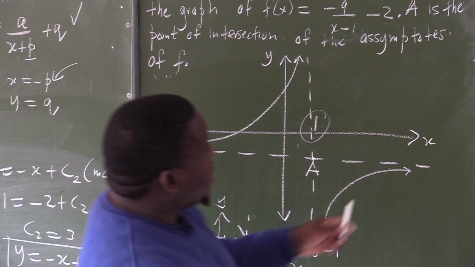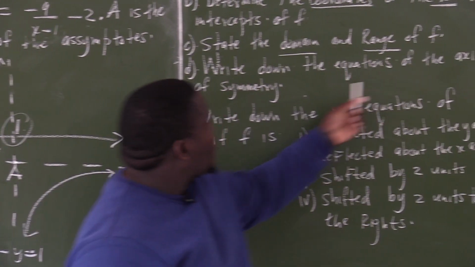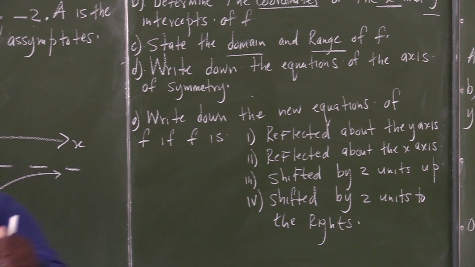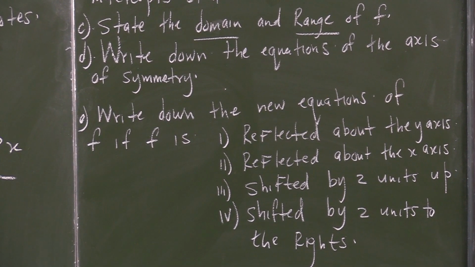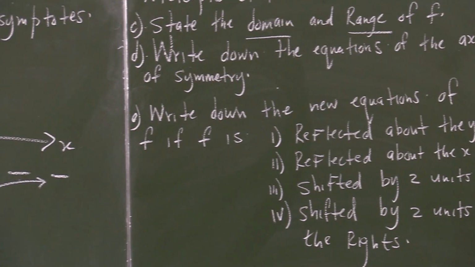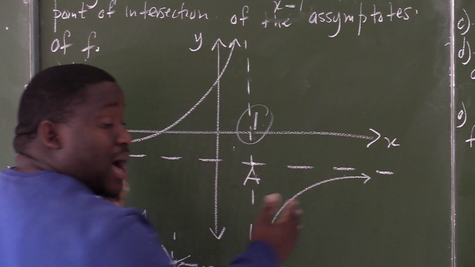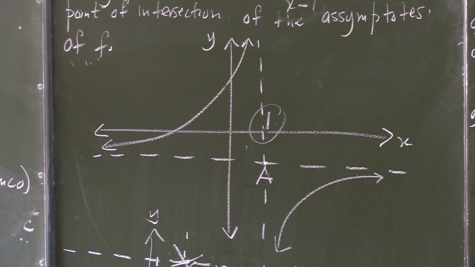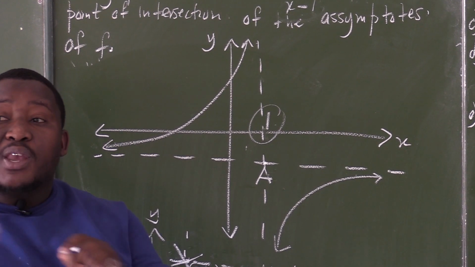Then they say to us now, write down the equations of the axes of symmetry. What type of graph are we working with here? We are working with the hyperbola. If I'm working with this hyperbola, both axes of symmetry are possible, they are always true. It's just that the question will drive you in the exam.